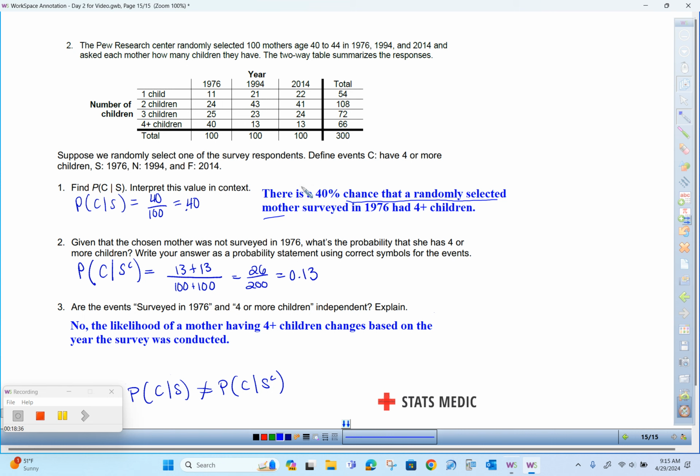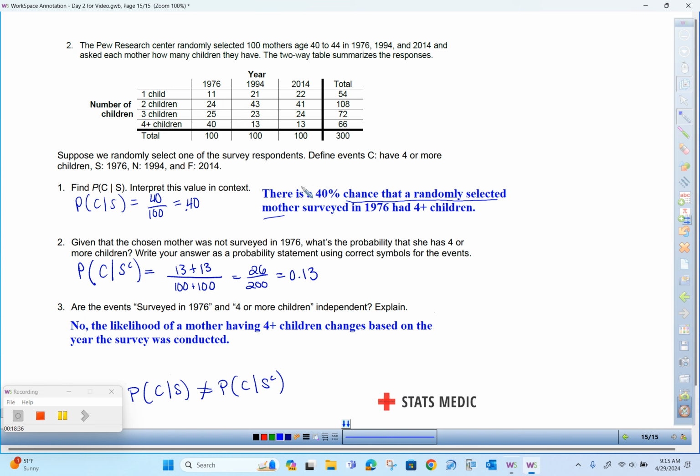When we talk about probability, we're not saying there's a 40% chance that this person had 4 children or not. They either had 4 or more children or they didn't. We're saying when we randomly select from all the mothers, there's a 40% chance that the one that we selected was that person who had 4+ children. So I want you to add that randomly selected in your sentence when you're interpreting for me.